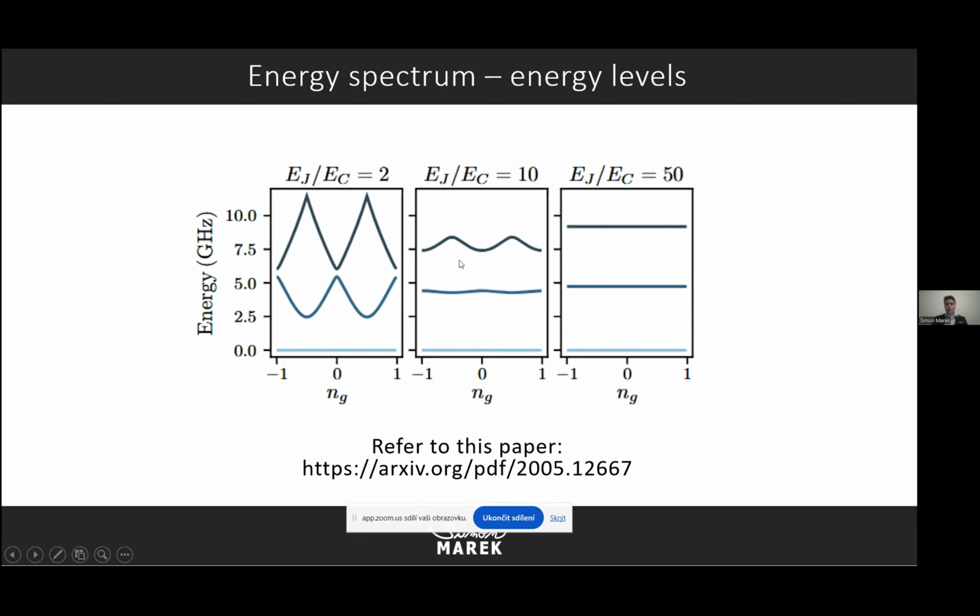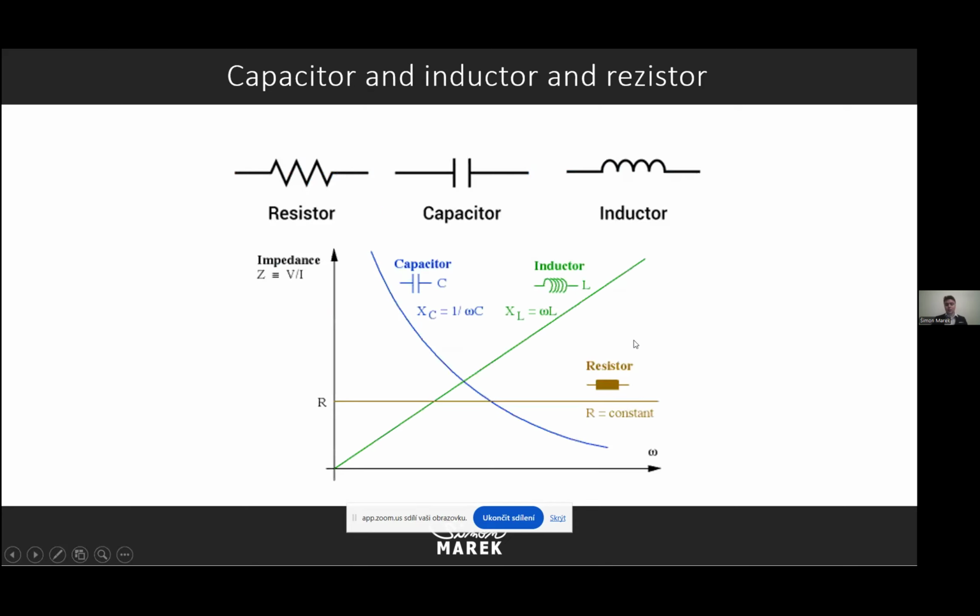There is a bare transmon, and here is our final transmon, which we use in commercial quantum computers. You can refer to this paper, and you can learn here. If you download the paper, you can read it.